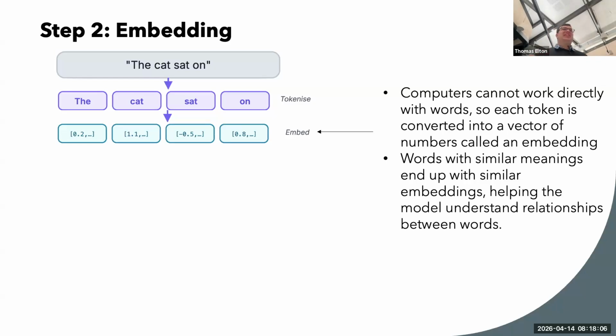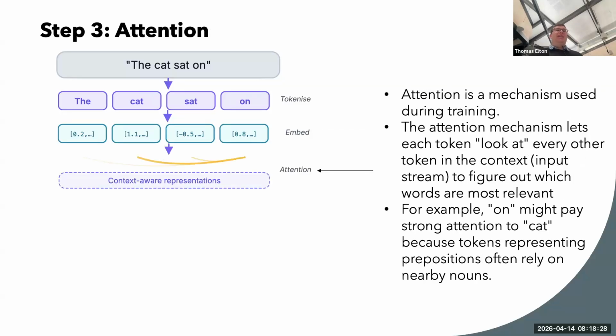For those that have studied vectors before, vectors are kind of geospatial. Essentially, tokens that have similar vectors share similar meanings. And so that's what's going on here. This is how a computer is trying to understand what these tokens represent. So we convert them into embeddings.